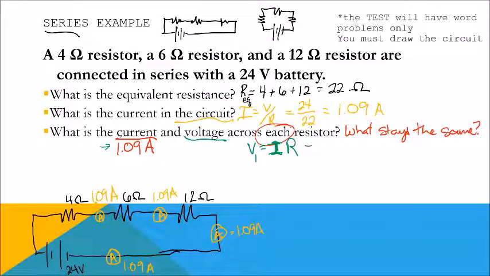So the current through resistor 1, and I'm going to call this 1, 2, and 3 over here, the current through resistor 1 is 1.09 amps, and the resistance of resistor 1 is 4, so we get an answer of 4.36 volts.